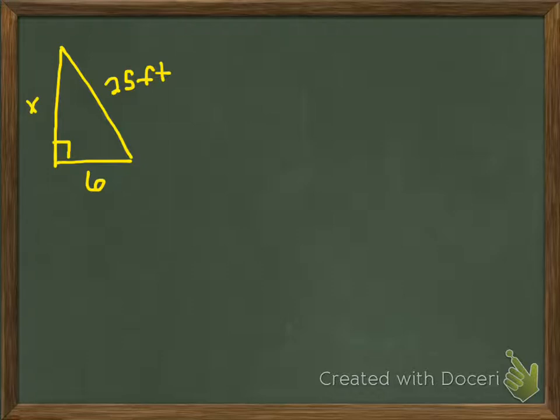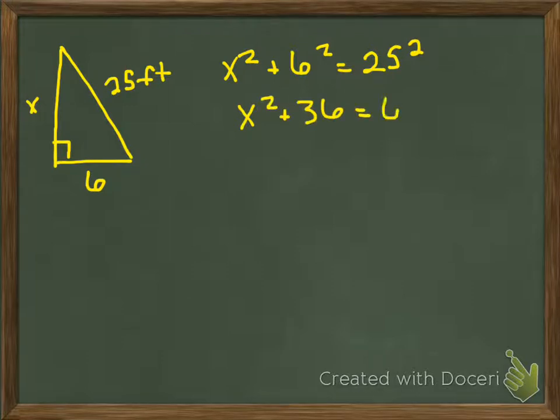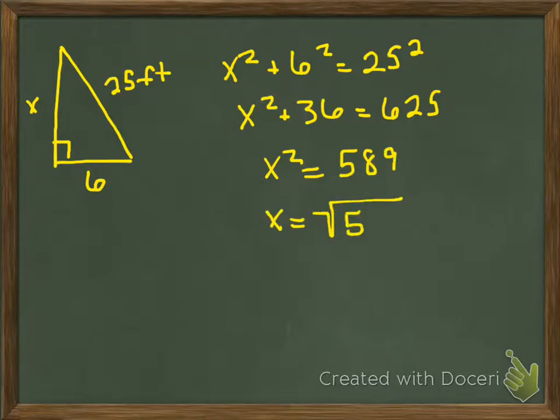So this should be a simple Pythagorean theorem. x squared plus 6 squared equals 25 squared. x squared plus 36 equals 625. x squared equals 589. So x equals the square root of 589. So that means that x is approximately equal to 24.3 feet.